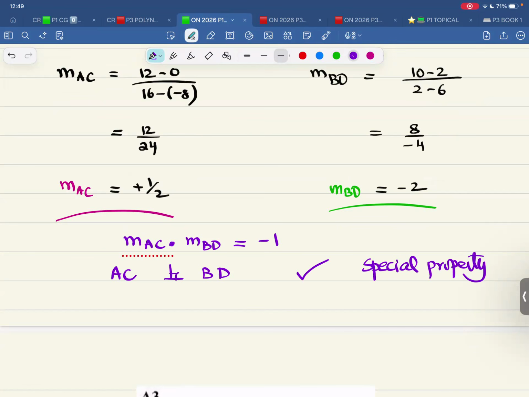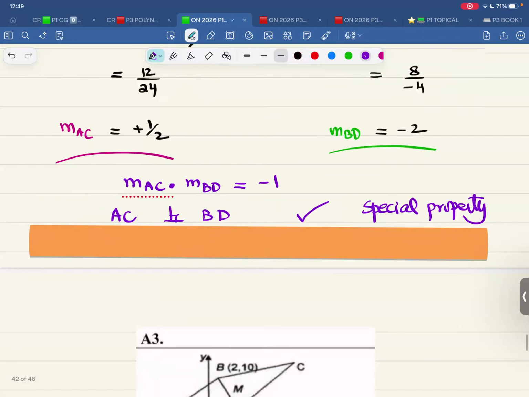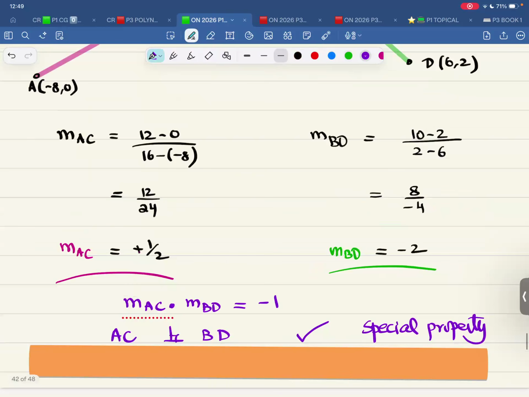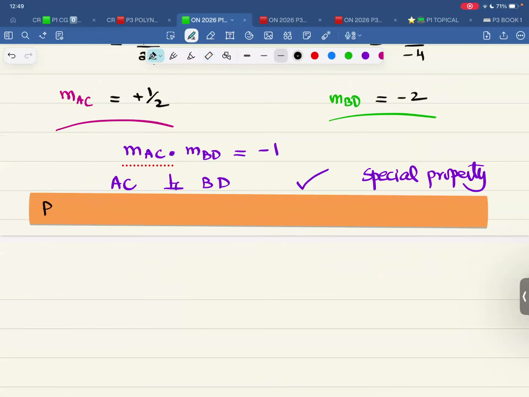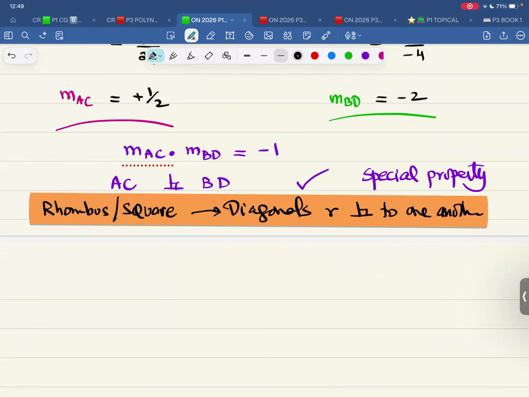What is the special property? It says this: in a rhombus or a square, the diagonals are perpendicular to one another. So now the special property is also done.